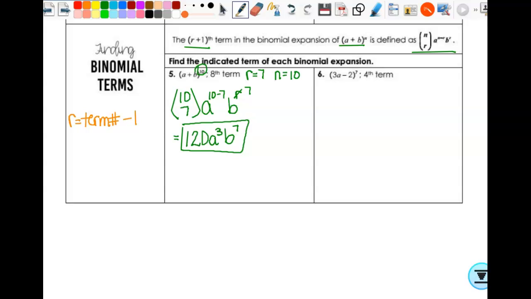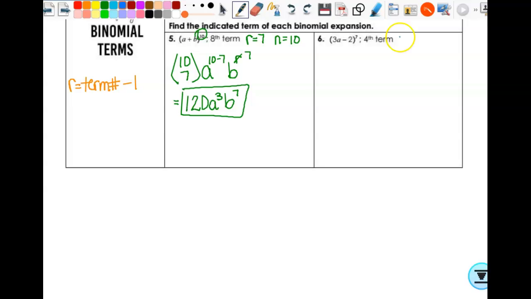All right. So on number 6, what is n? 7. What is r? 3. Very good. So I'm going to have 7 things taken 3 at a time. Then I'll have 3a to the n minus r power, to the 4th power, times negative 2 to the 3rd power. And notice my exponents still add to give me 7. Adds to give me n, just like it did before.